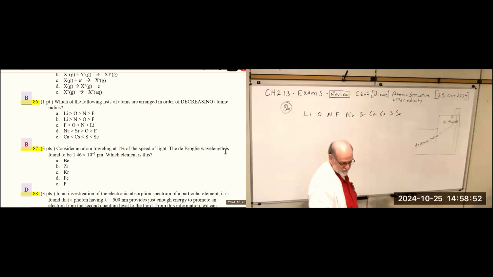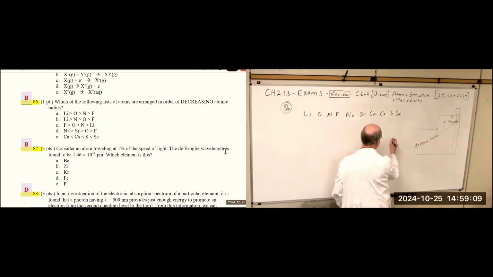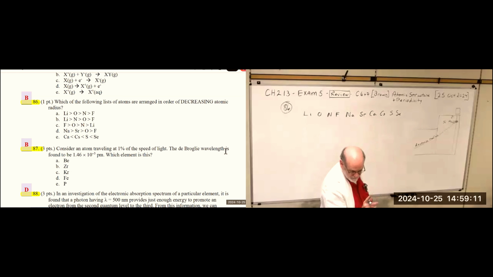All right, we want the order of decreasing atomic radius. So that would be lower left to upper right, according to our picture. So let's nail down the extremes. The smallest radius would be fluorine. In order of decreasing, right? Yes, decreasing. So that's the smallest one.